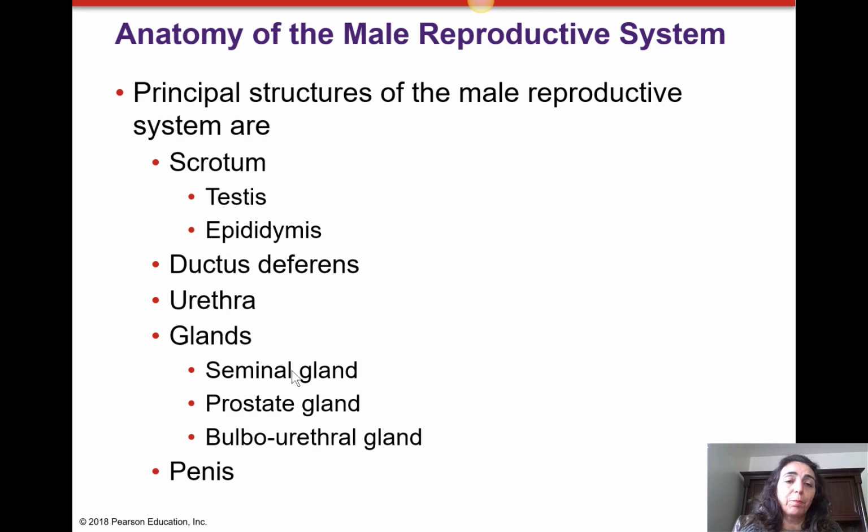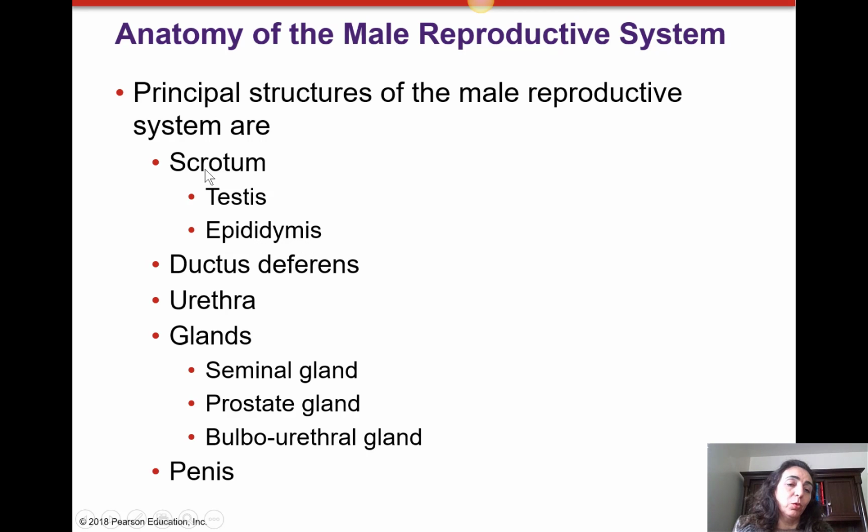So for the male reproductive system, the parts that we have include the scrotum. That's a pouch of skin that we have around the testes. Testes, as we discussed, are a gonad that makes the sperm, and also makes some sex hormones for the male. Inside the scrotum, we have another organ of the reproductive system that we call the epididymis.